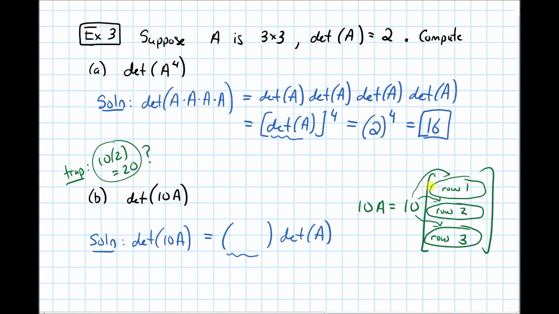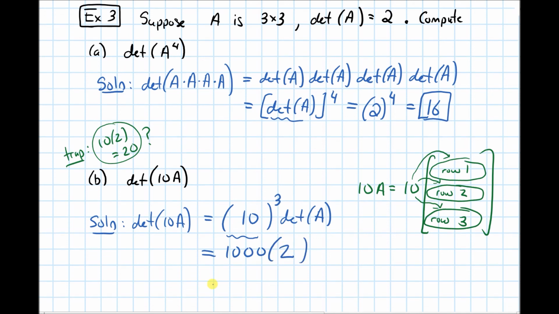The first row is being multiplied by 10, but so is the second row, and so is the third row. So I'm multiplying by 10 three times, which is the same as multiplying by 10 cubed. 10 cubed is 1,000, and the determinant of A we knew above was 2. So I get 1,000 times 2, which is 2,000. And that is my determinant.